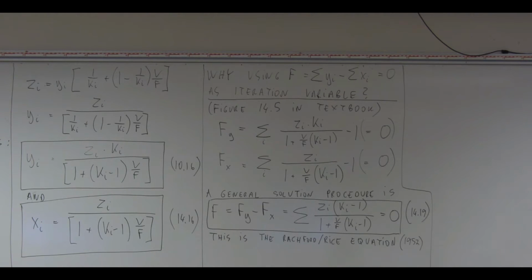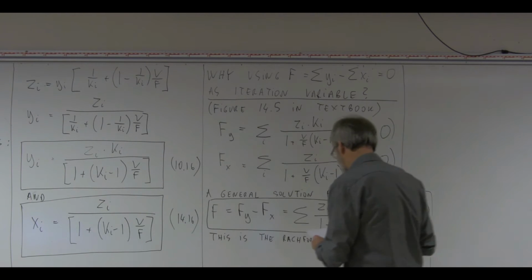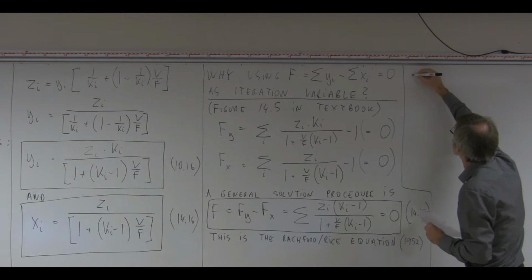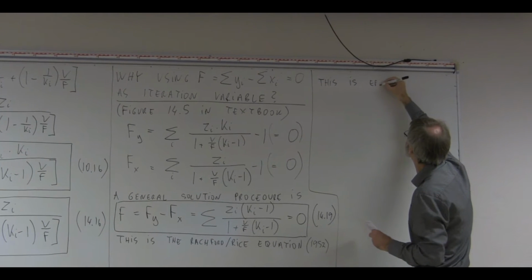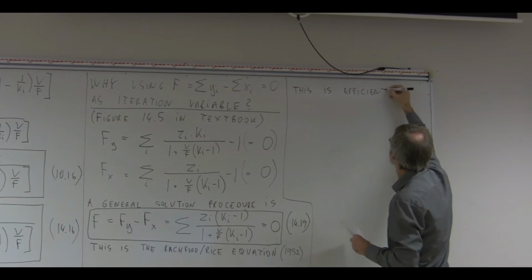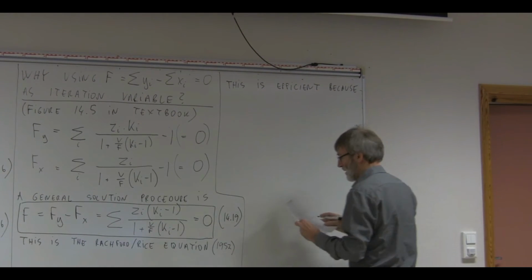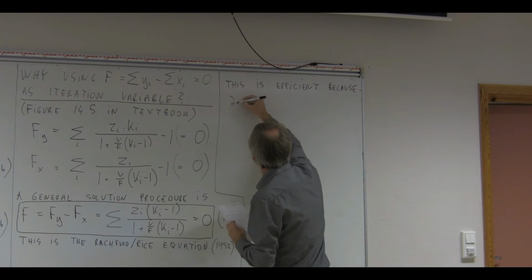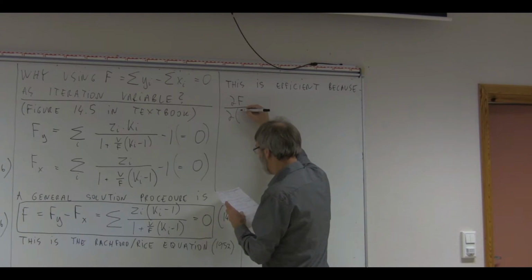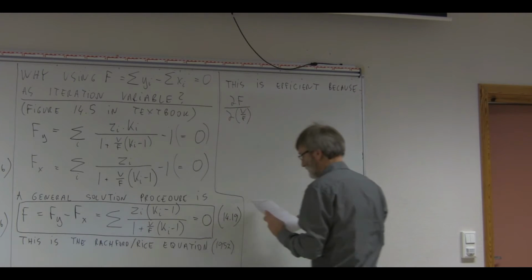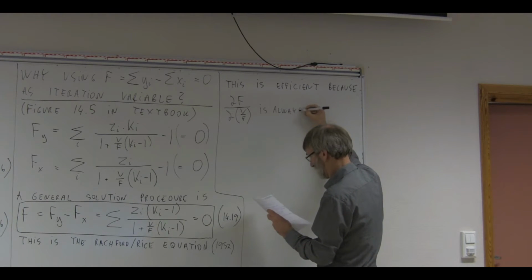And this is efficient because dF over d V over F is always negative.